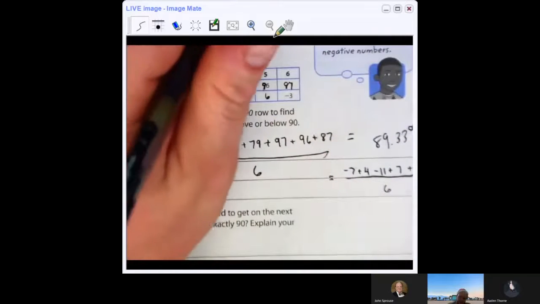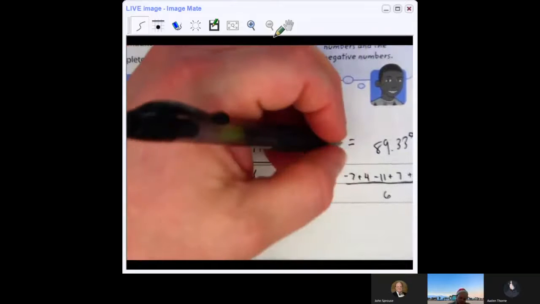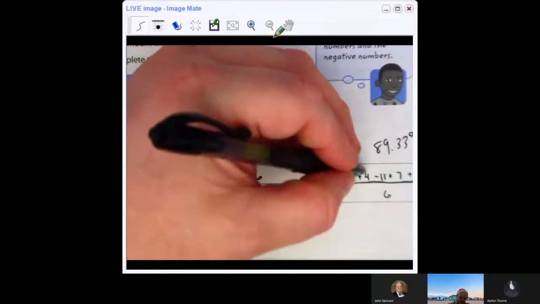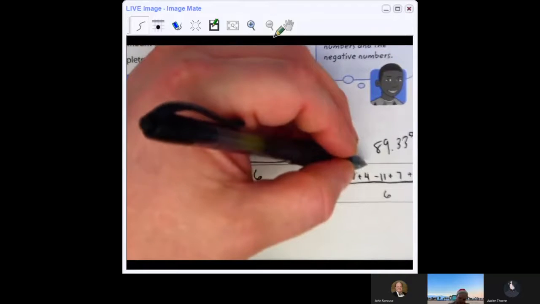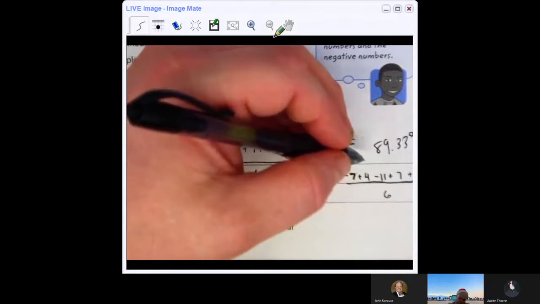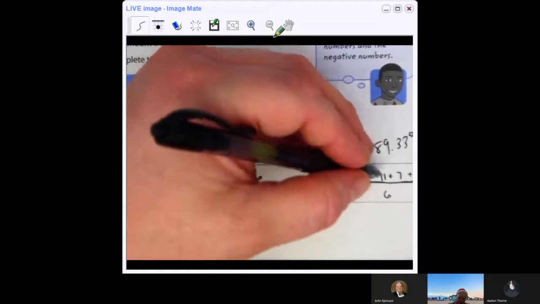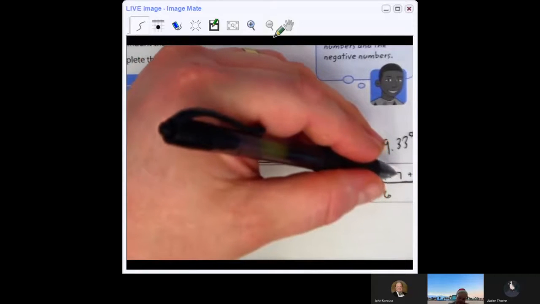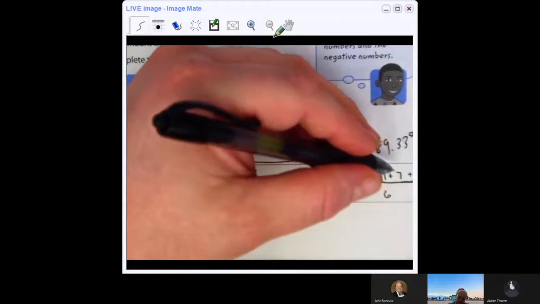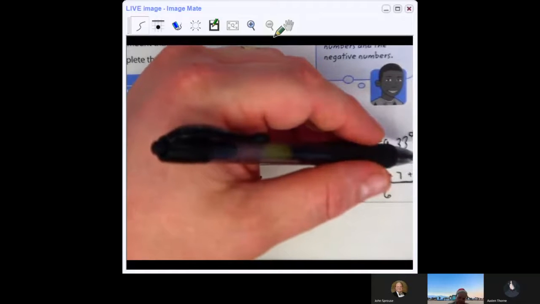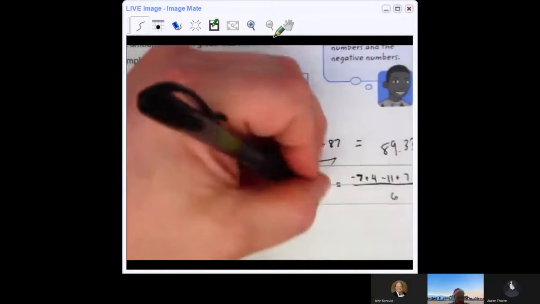This numerator will be equal to -7 plus 4 gives us -3. And if I were to subtract 11 from that, I would get negative 14. And then add 7, I would get negative 7. Then add 6 to that, I would get negative 1. And if I were to take away 3 from that, I would get negative 4.